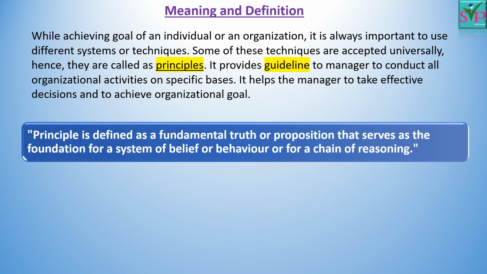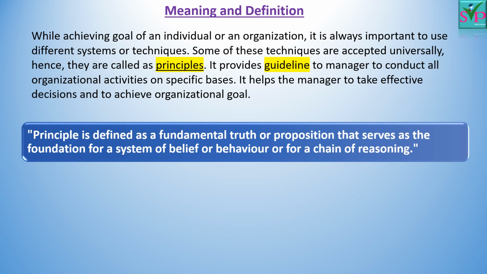Chain of reasoning means it helps the manager to think about a particular situation logically or in a systematic way. Okay, now let us understand the complete meaning of this definition.